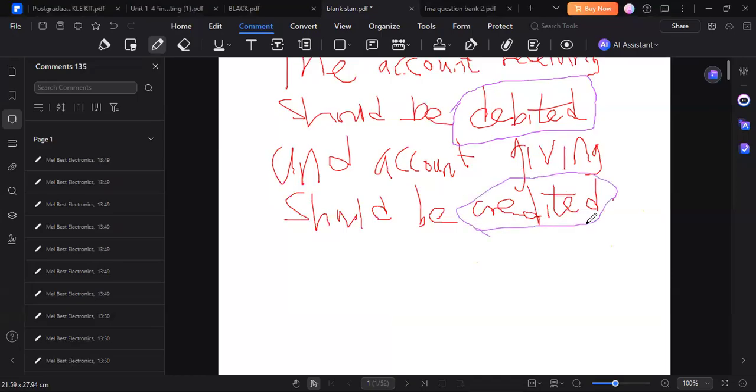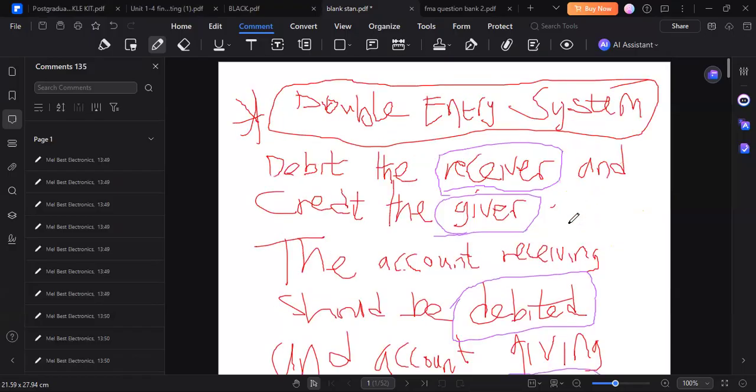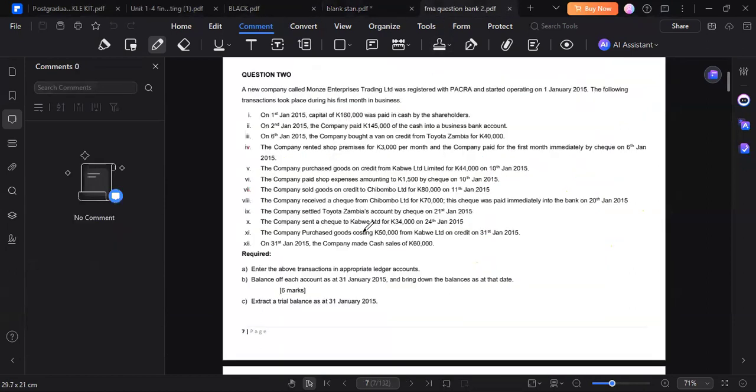All right, so without wasting much time, using accounting principles, we now look at this question so that we look at the double entry system and balance of the accounts. A new company called Monze Enterprise Trading was registered with Pakra and started operating on 1 January 2015.